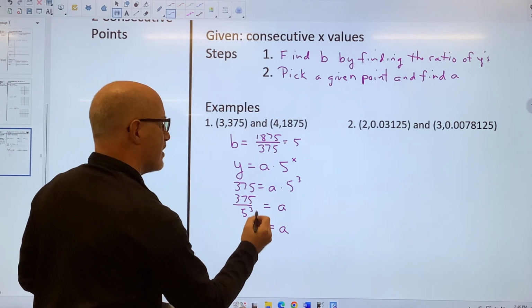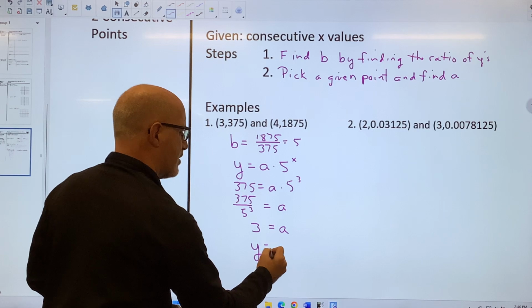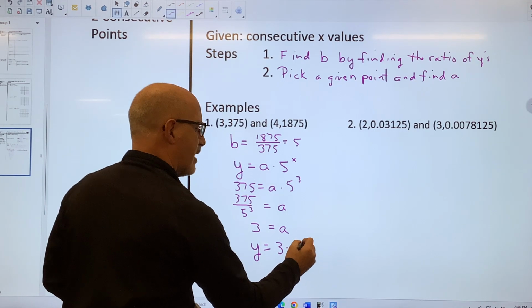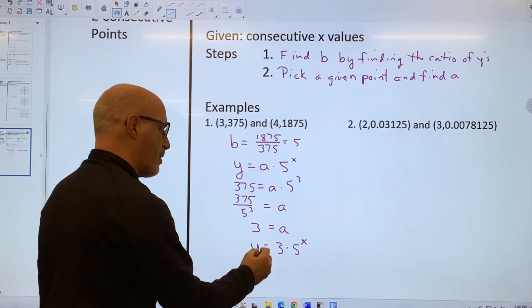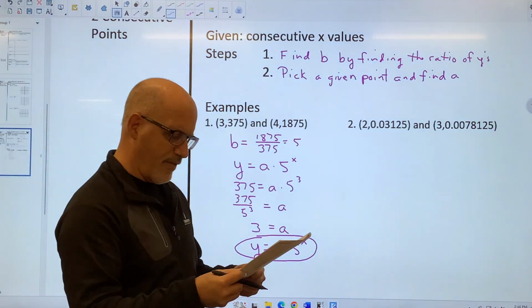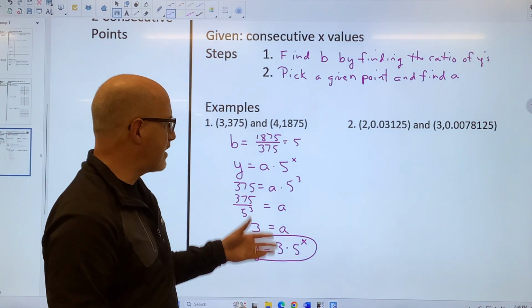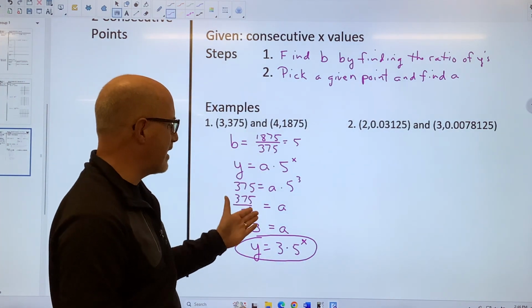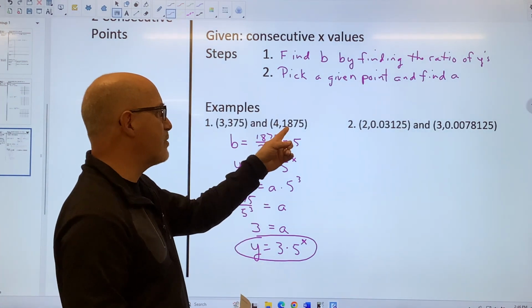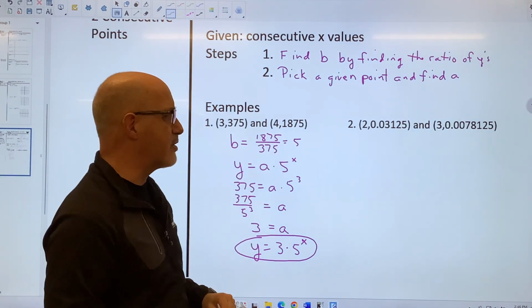So if I go back to my standard equation, y equals the initial value times the base to the x power, there's my equation of the exponential function once I find the b, the base, and then go for the initial value using one of the ordered pairs. I could have used the other one, it would have given me the same answer.